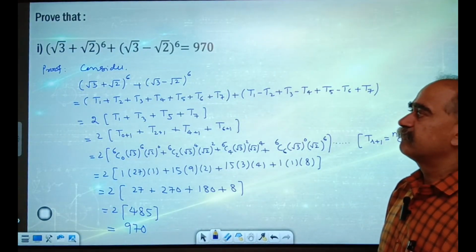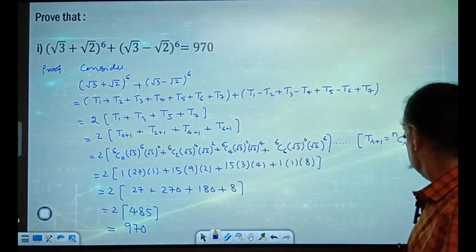So this method will follow while doing MCQ.